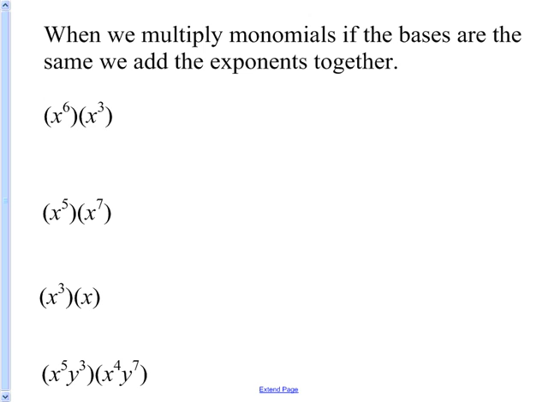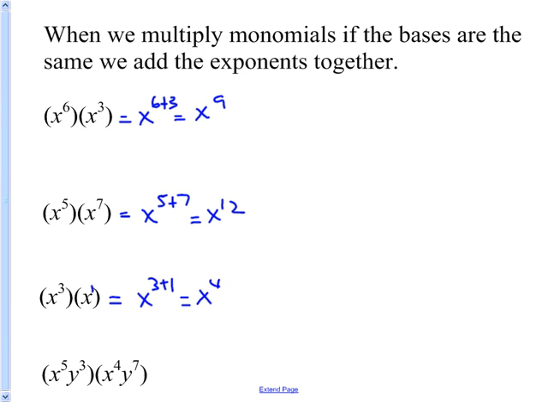So we're going to take a shortcut here. When I see this, I just think x to the 6 plus 3, x to the 9th power, because there's 6 x's and 3 more x's gives me 9 x's. This will give me x to the 5 plus 7, x to the 12th. Now remember, this is really a 1 here, so this will give me x to the 3 plus 1, which is x to the 4th.